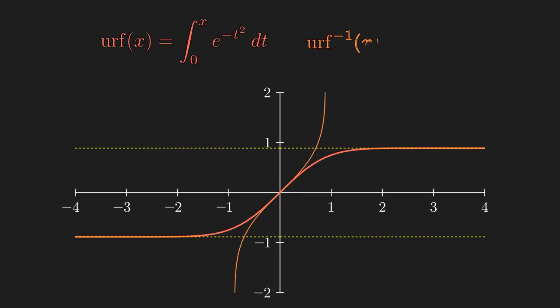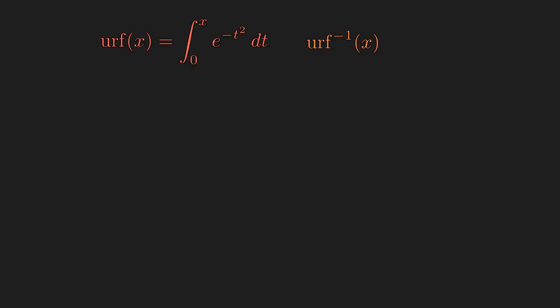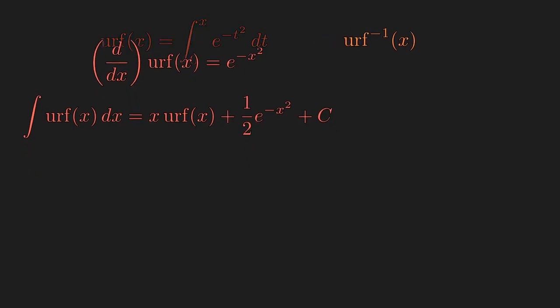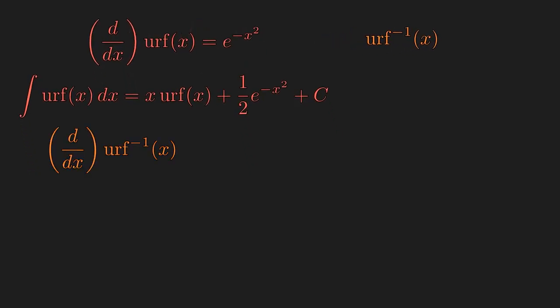Now, can we do some calculus on the inverse erf function? We will need the derivative of erf, which is just e to the negative x squared, and the integral of erf, which you can find using integration by parts. So the derivative of erf inverse is 1 over the derivative of erf. And we can flip the negative power to the top as positive power.